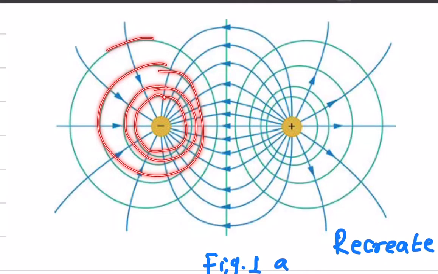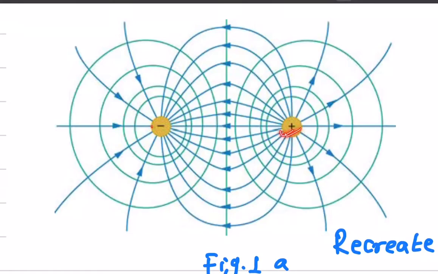And this closed line is the equipotential. That means it doesn't matter where you measure, at this point or this point, it has the same potential due to the positive and the negative charge. So this entire closed line is the equipotential line.